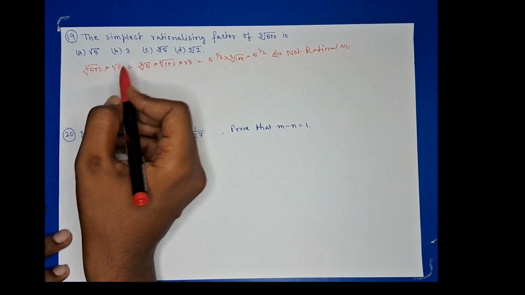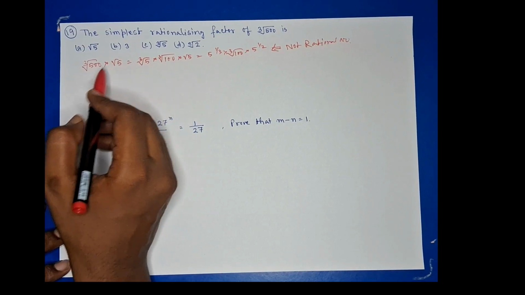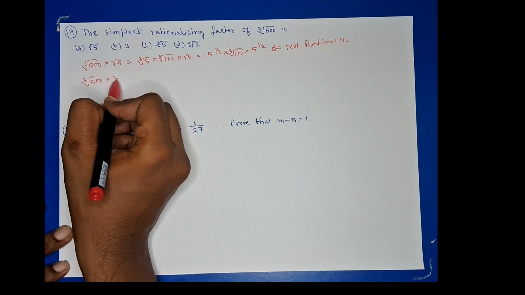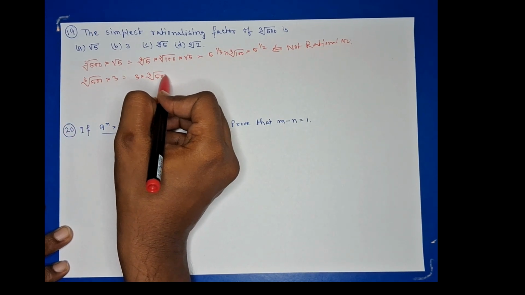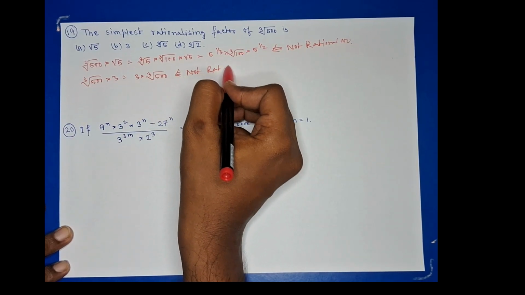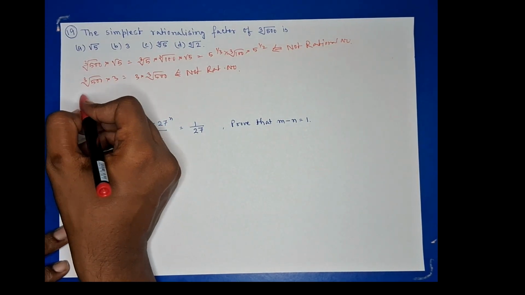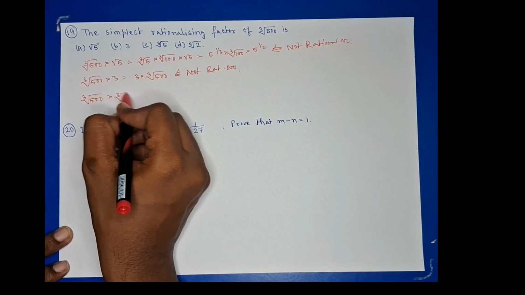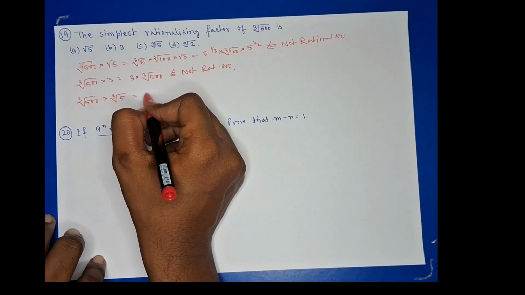Now let us take option B. If we multiply cube root of 500 with 3, this becomes 3 into cube root of 500. This is also not a rational number. Now let us take option C, cube root of 500 into cube root of 5. It looks like a rational number.